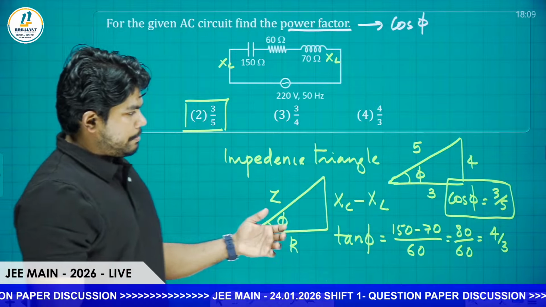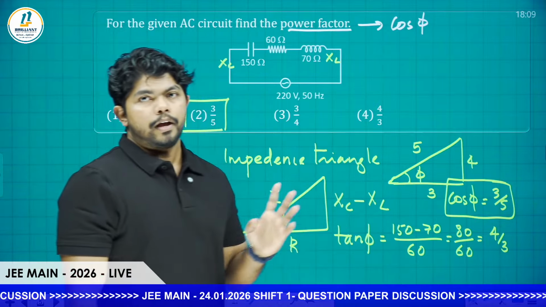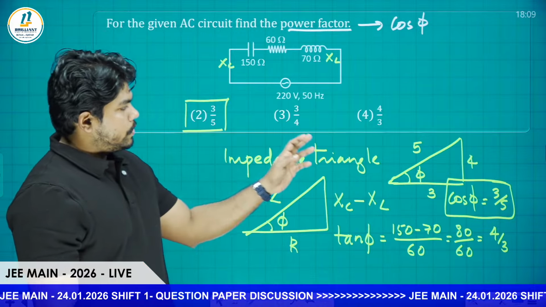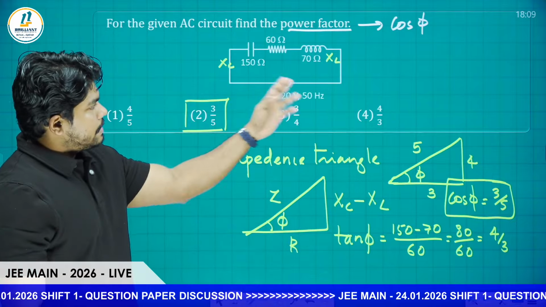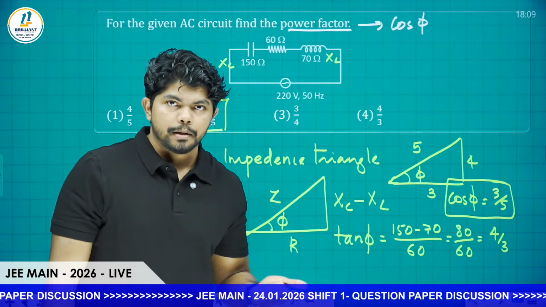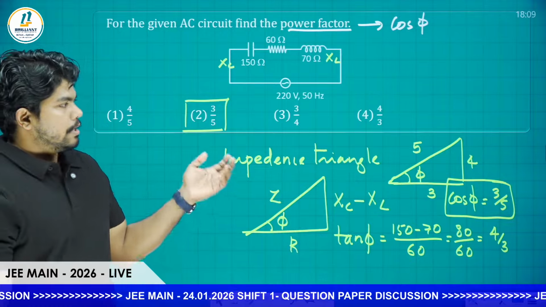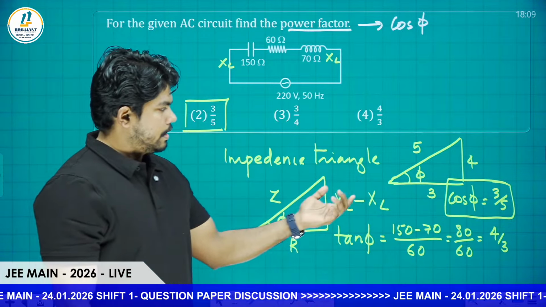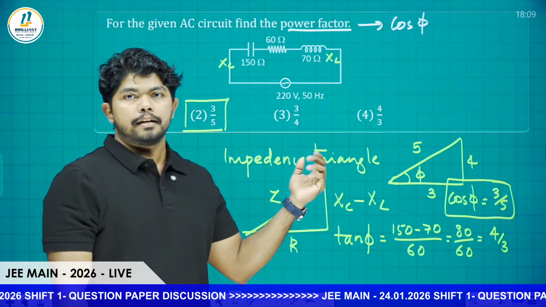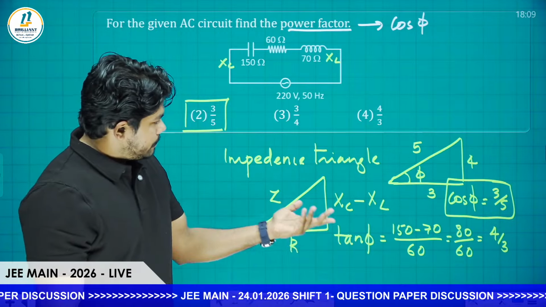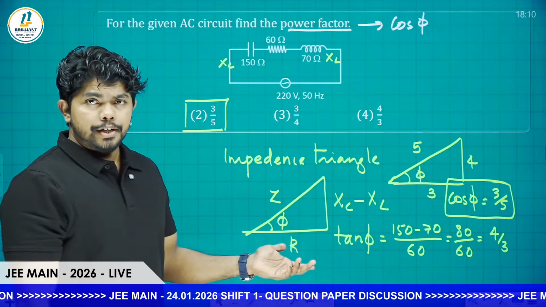So without doing much calculation, we can find this if you know the proper concepts. What is the concept we should be aware of for a series LCR? The impedance triangle. In the upcoming exam, you can expect questions regarding quality factor, how it is affected by inductance, capacitance and resistance, or the resonance conditions.